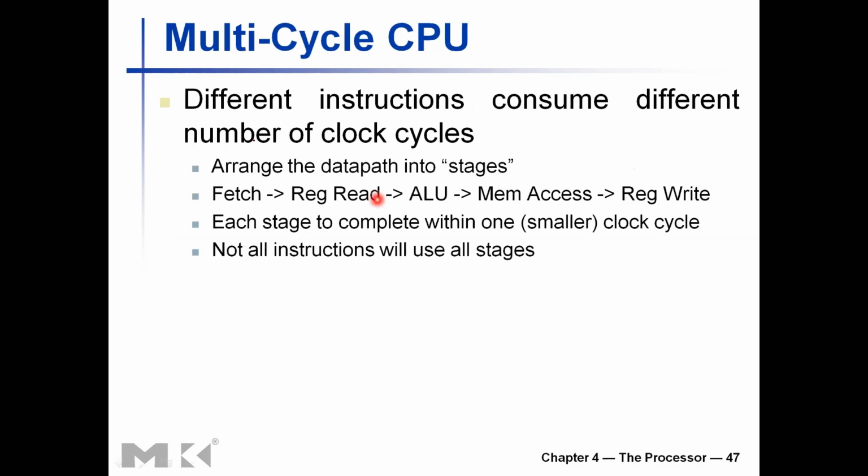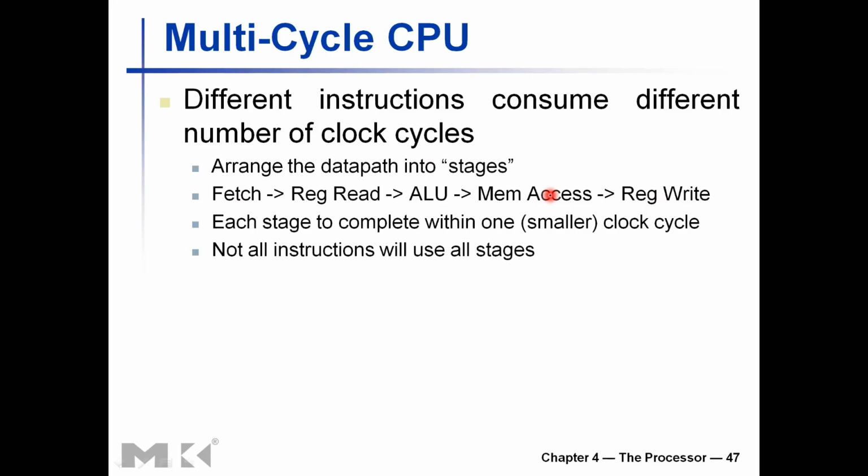For example, in a multi-cycle CPU setup, different instructions can consume different numbers of clock cycles based on the actual data path elements that they are really using. For that, we need to arrange the data path into stages such as instruction fetching, using the instruction memory to read the instruction, register reading, ALU operation, memory access, and register writing.